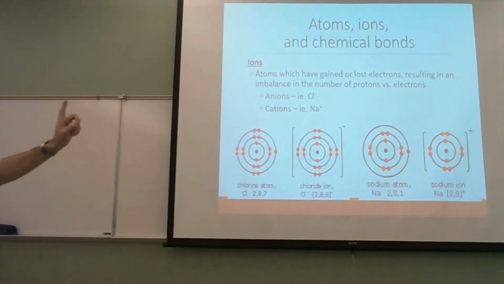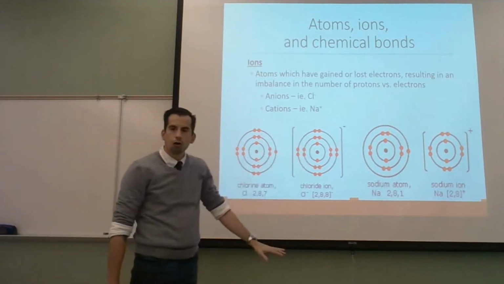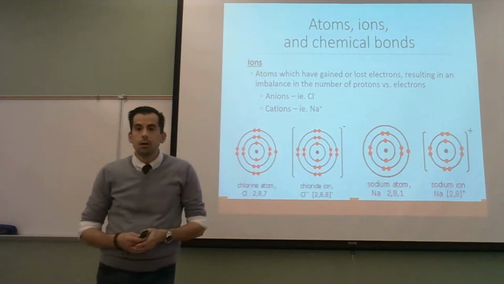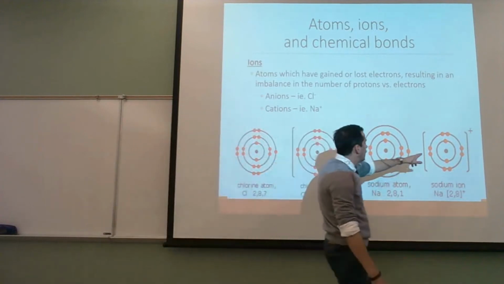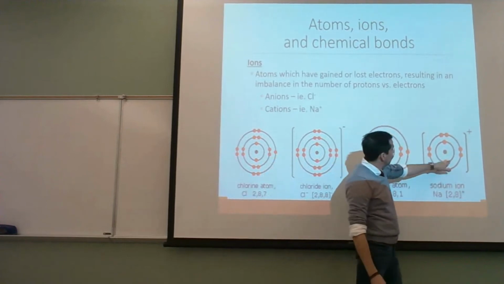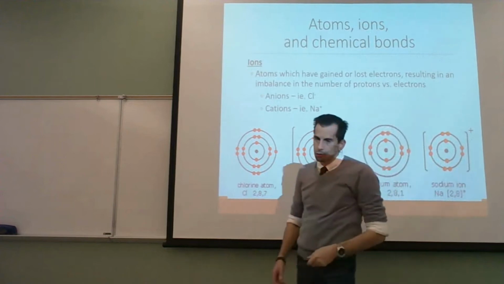We lost 1 electron, meaning we lost a single negative charge from the structure. It offsets the balance. Now we've got more protons, positive charges, than we have electrons, negative charges. Therefore, the sodium ion takes on an overall positive charge.